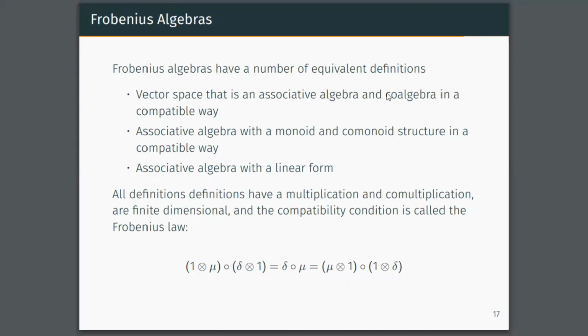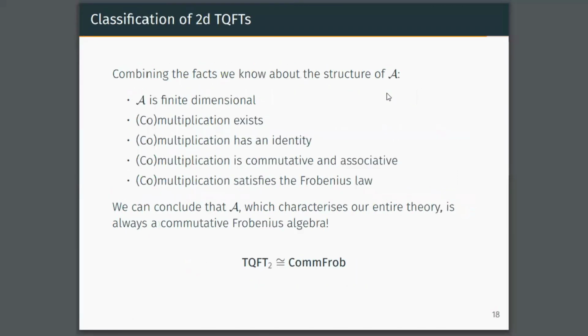That's effectively giving us our normal vector space multiplication, and that's also our unit and co-unit from before. The final way you can do this is an associative algebra with a linear form satisfying certain properties, but I'm not very good at linear algebra, and I don't remember that one.